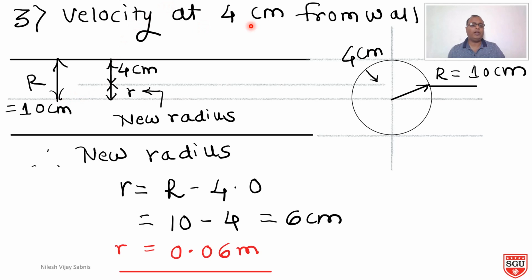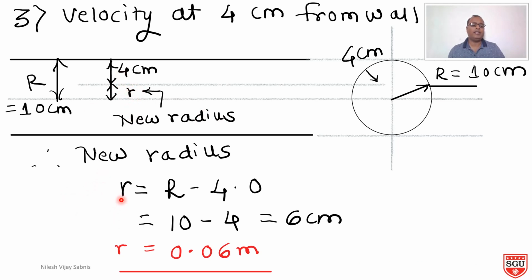We want to find out velocity at a distance of 4 cm from the wall. Means at this point what will be the velocity from the center? So capital R minus 4 cm will be the new radius. At this radius we want to find out the value of small u.